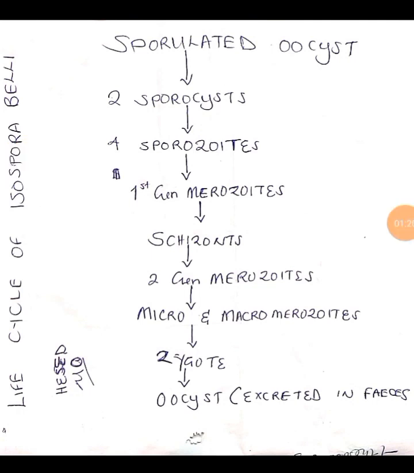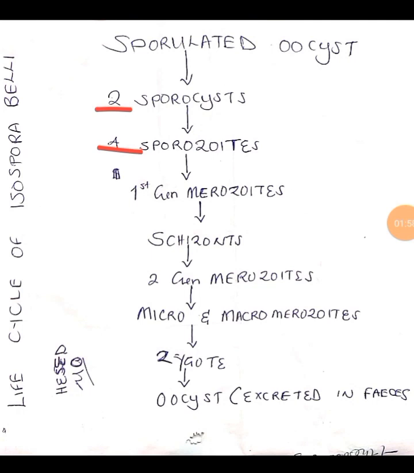When these two sporocysts are released, what you have to know is that each sporocyst has 4 sporozoites. They will also undergo excystation. When they undergo excystation in the small intestine, they will release 4 sporozoites each, that go on to form trophozoites.